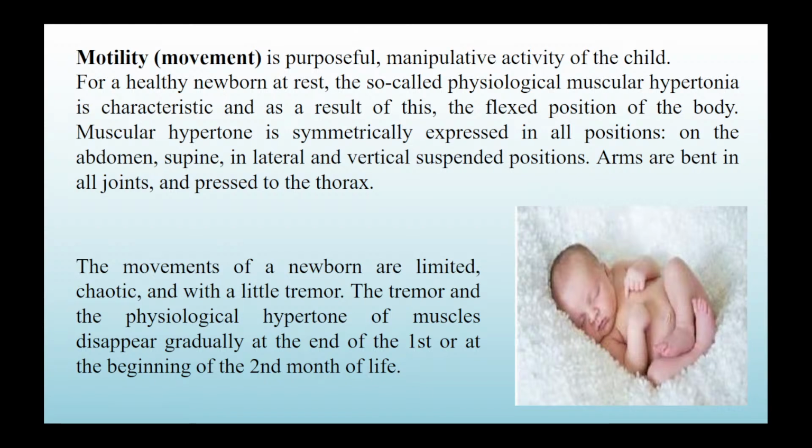The movements of newborns are limited, chaotic, and with a little tremor. The tremor and physiological hypertone of muscles disappear gradually at the end of the first or at the beginning of the second month of life.